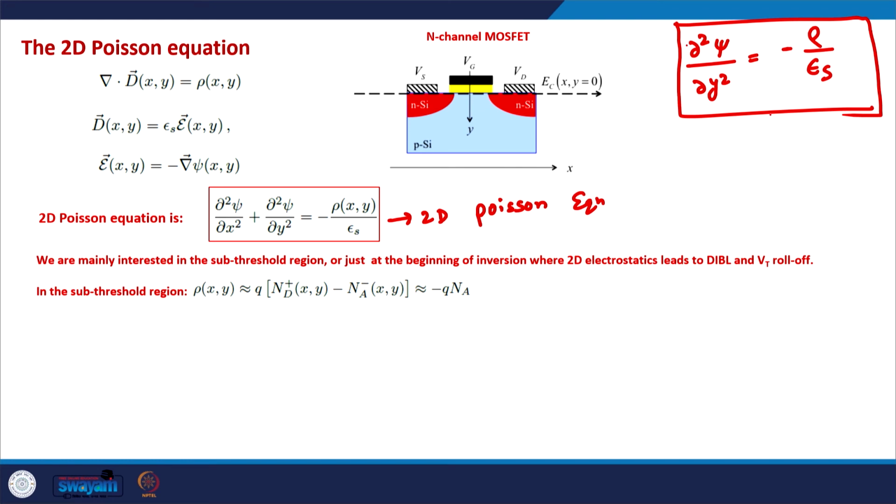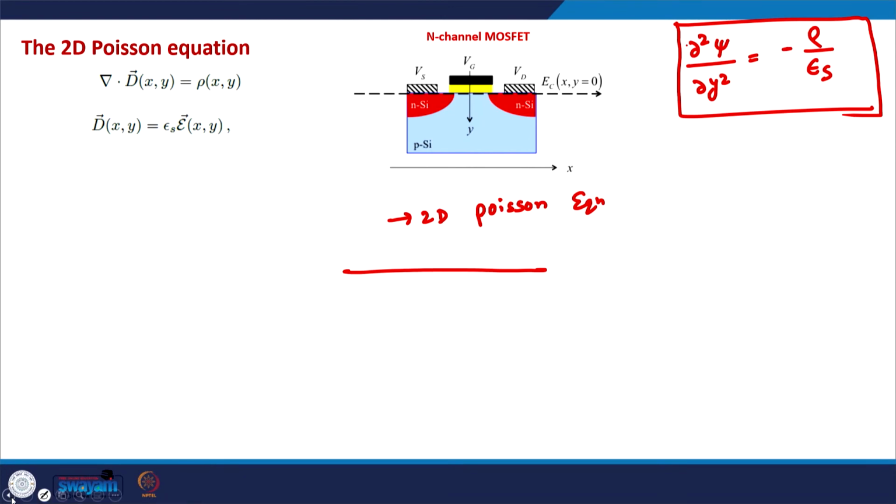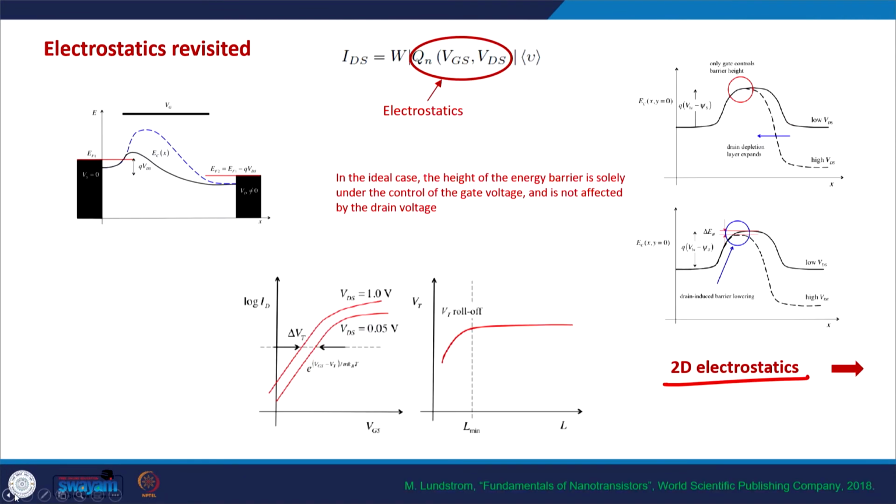the most prominent impact of the 2D electrostatics, or the most prominent impact of the small channel effects, happens in the subthreshold regime, which is just at the beginning of the inversion. Just before the inversion or around the inversion regime, that is where we notice the effect of the 2D electrostatics, as is also clear from here.